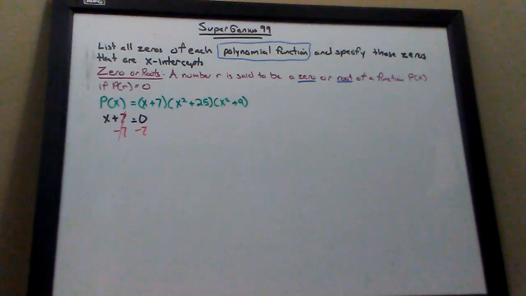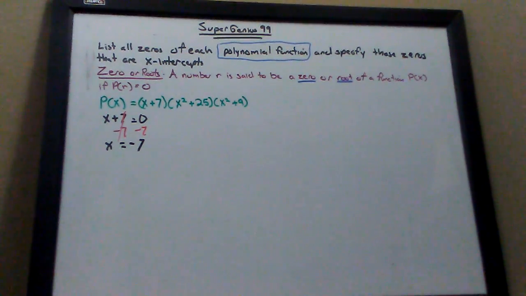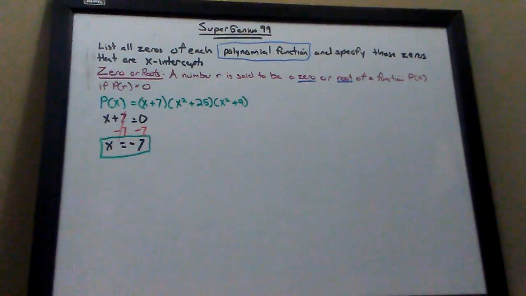And 0 minus 7 is how much? Negative 7. Okay, so that's one of our zeros. Let's put that in a green box. Okay, so we did the first one.